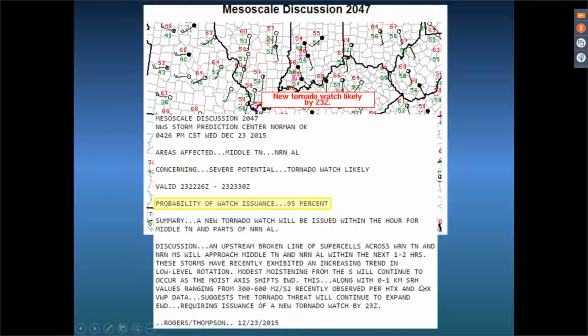This, along with 0 to 1 kilometer SRH values ranging from 300 to 600, recently observed per the area radars, suggests the tornado threat will continue to expand eastward, requiring issuance of a new tornado watch. So what they're seeing is that all that instability and especially that wind shear is going to kind of come together here across Middle Tennessee pretty soon. So that's why they're going to issue a tornado watch.